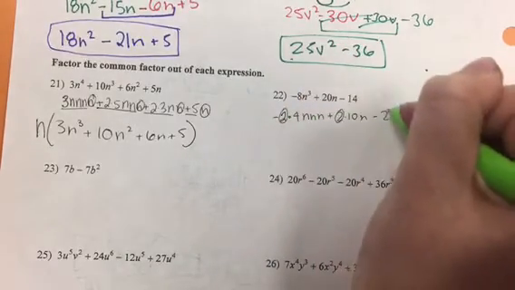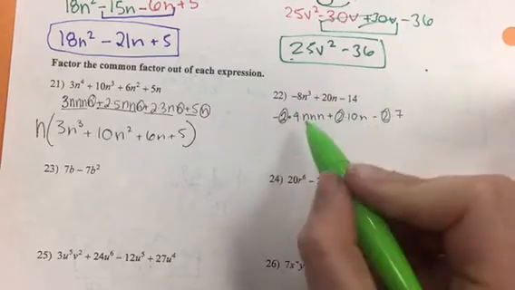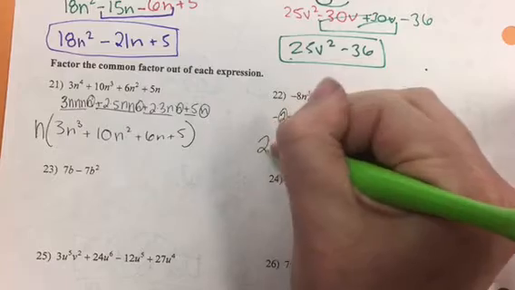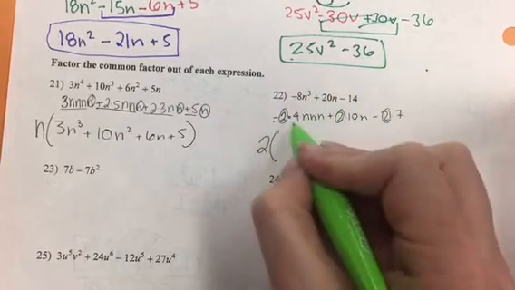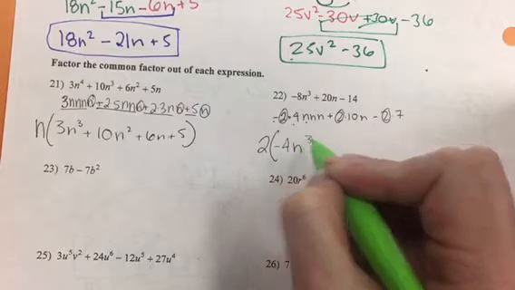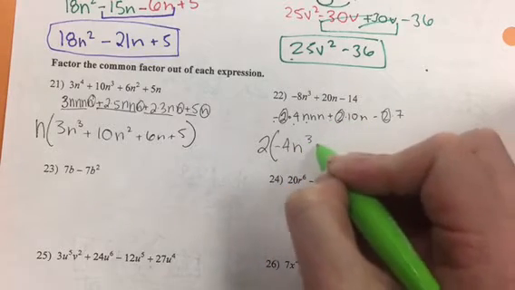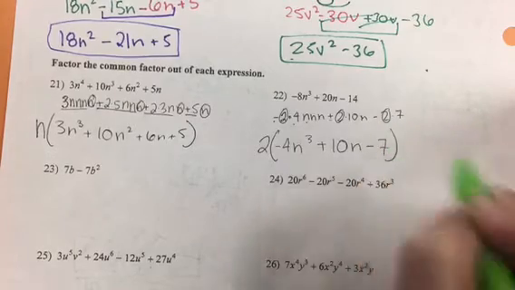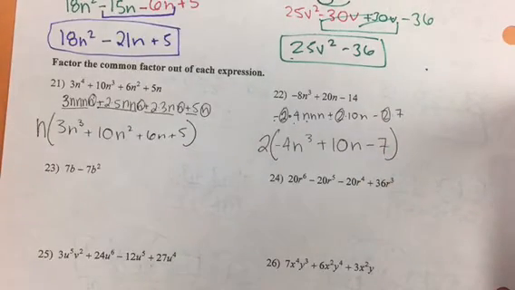They all have a 2 on each term. There is nothing else that matches, so I take out a 2. Negative 4n cubed plus 10n minus 7 is our solution.